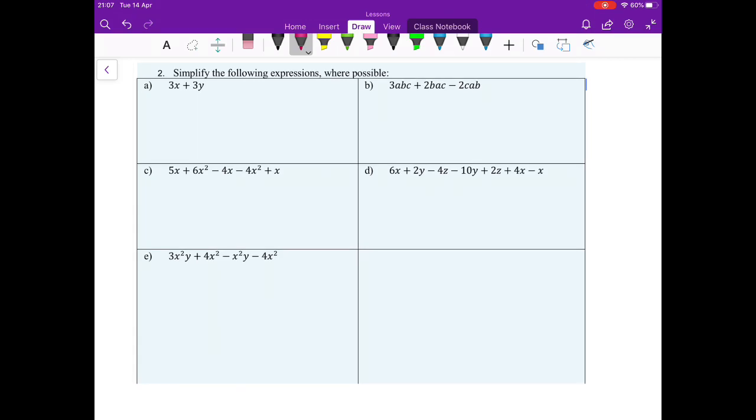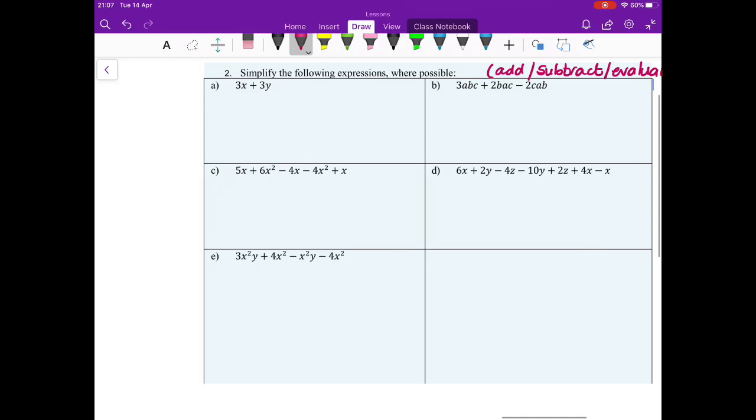Right, simplify. Another word for simplify is add, subtract, evaluate. All of those mean simplify, where possible. Right, if we look at this one, I have an x term and a y term.